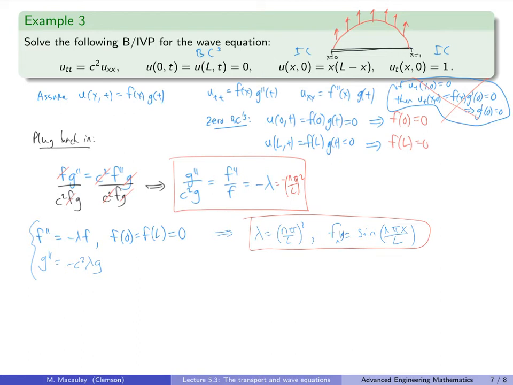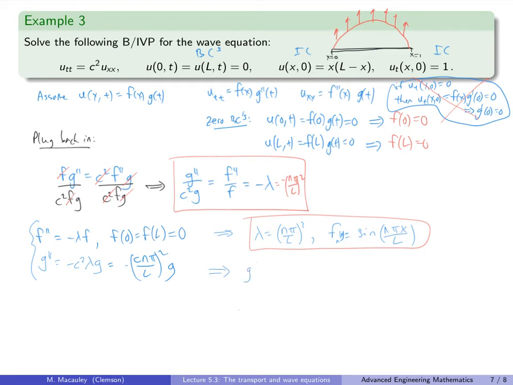I guess you don't really need to write F_n. And now what is g? Actually, let me write this as negative (c n pi over L) squared times g. So I'm just going to stick the c squared in here. And now this g double prime equals a negative constant squared times g. What's the solution to that ODE? Well, that's also sines and cosines.